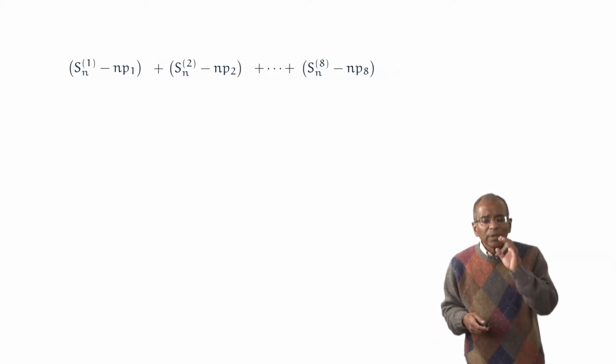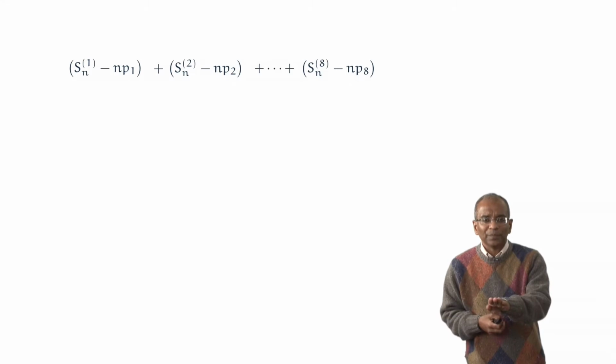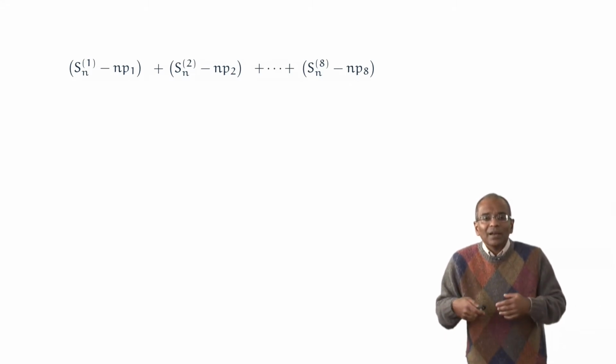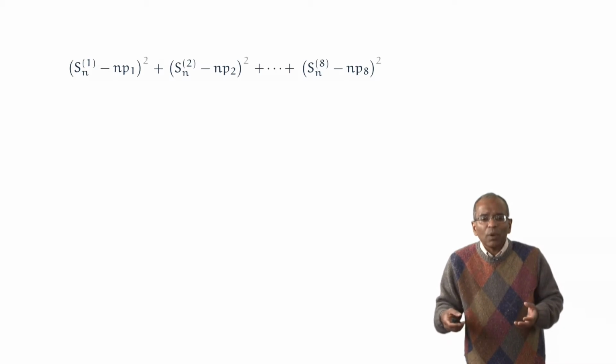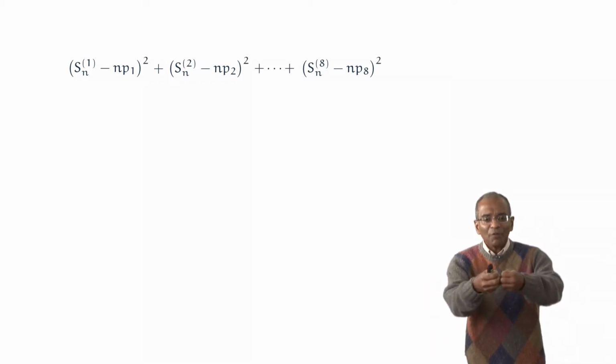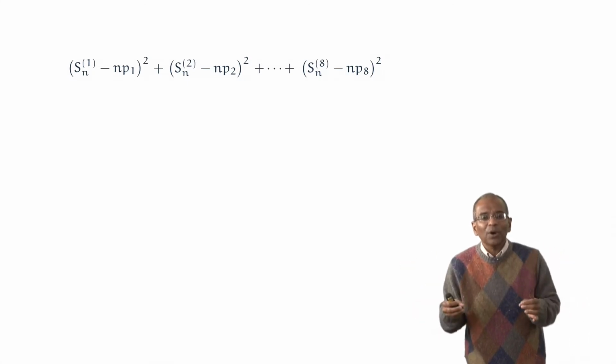What could we do? Well, we realize that we are not interested really whether Sn is to the left or to the right of its expected value. We only want to know how far away it is. And so a natural idea might be, why don't we simply look at the square of these values? Now if we add them all up, if that sum is large, then we know that at least one of the Sn values is far from where we expect.